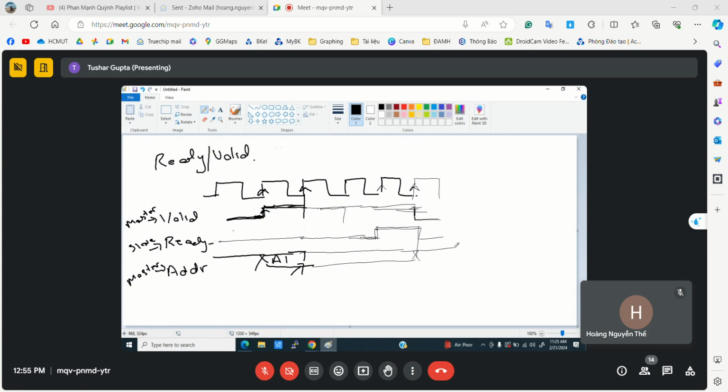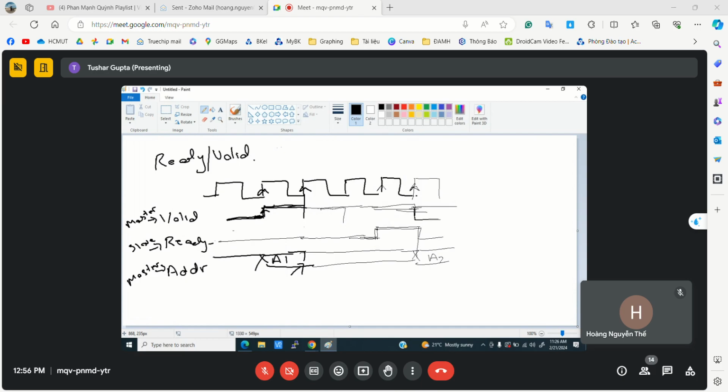Now at this point, a different address A2 will start. For that, it will keep the valid high for a particular transaction. Whatever request is there for a particular beat, only for that it will stay high. Once the ready valid handshake is completed, it will look at the next request.